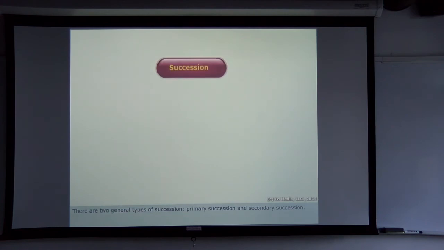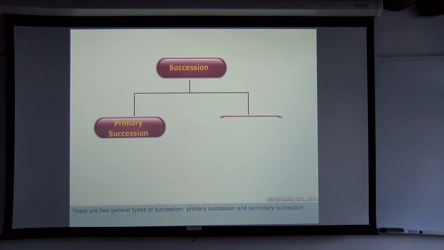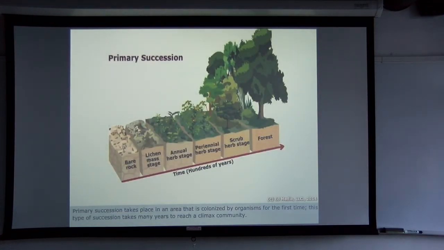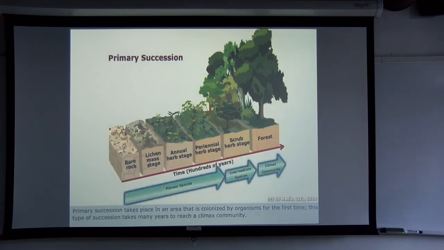There are two general types of succession: primary succession and secondary succession. Primary succession takes place in an area that is colonized by organisms for the first time. This type of succession takes many years to reach a climax community.